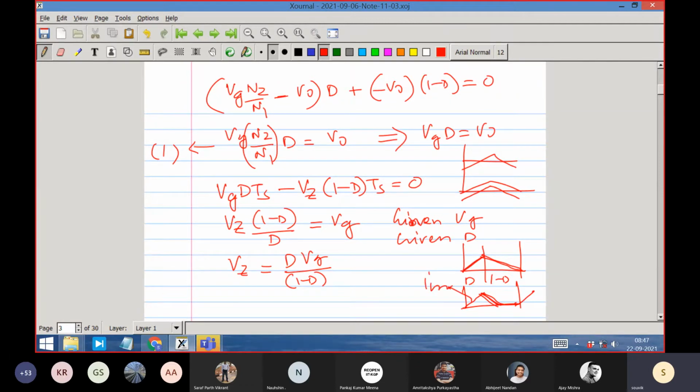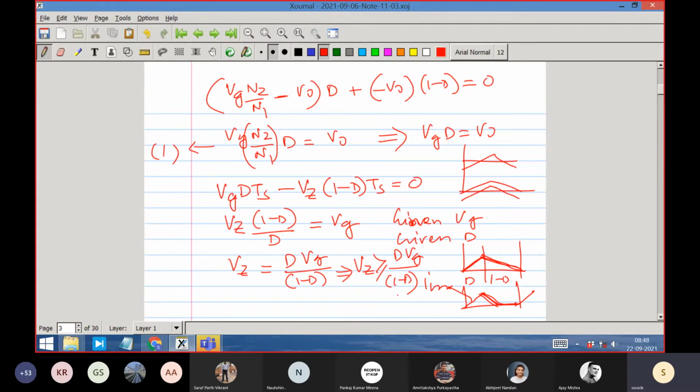So the condition is actually Vz should be greater than or equal to dVg by (1 minus d), right? So given d, the constraint is coming on Vz. Given Vz, the constraint is coming on d. Do you understand the other way around?